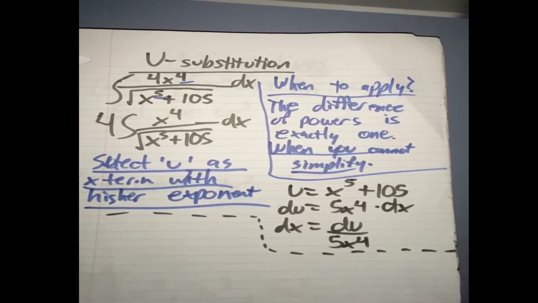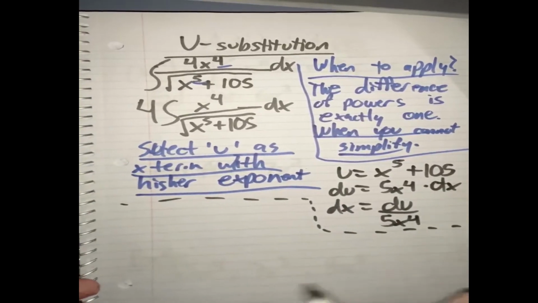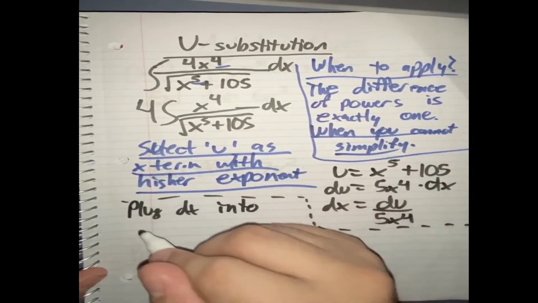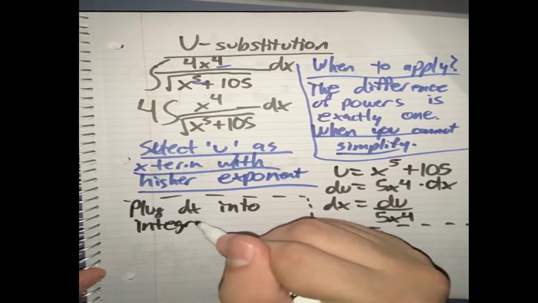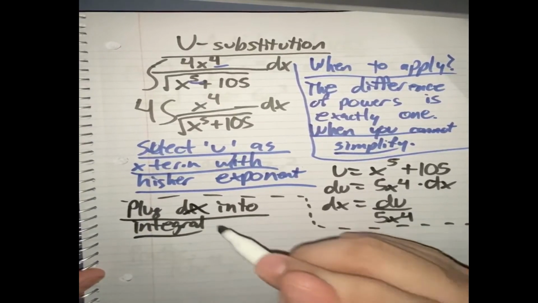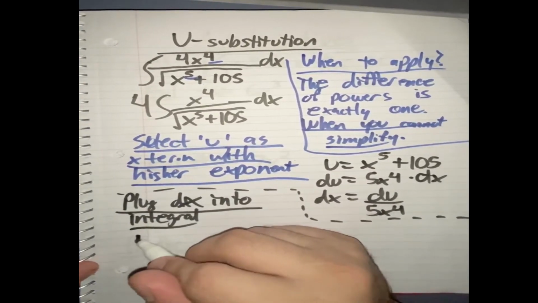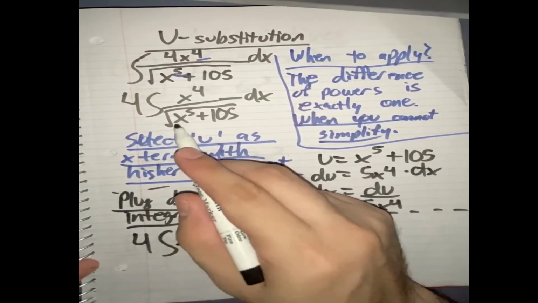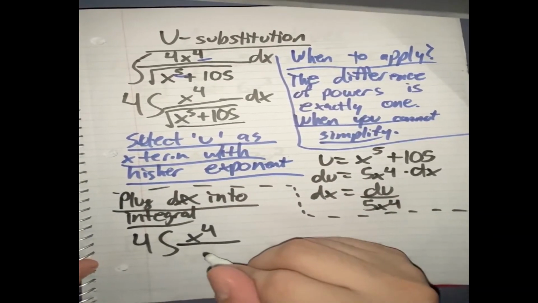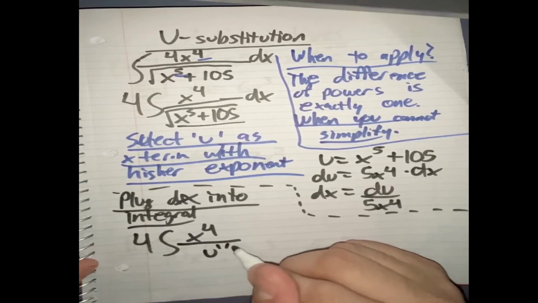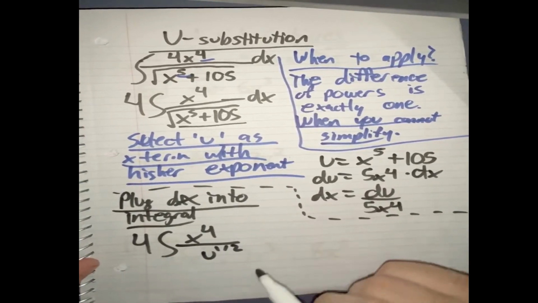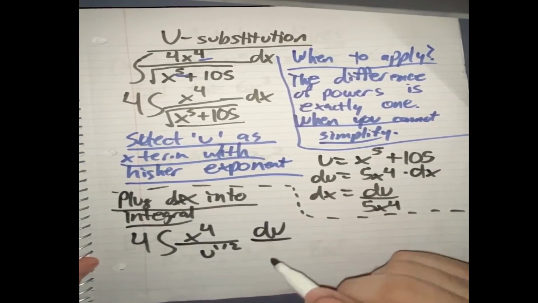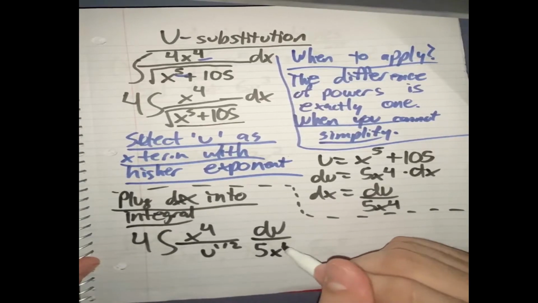So now the next step is to substitute in dx, plugging dx into the integral. When we do that, we have 4 times the integral of x to the 4th divided by, this is now u raised to the 1/2 because it's a square root, and then our dx we substitute as du divided by 5x to the 4th.